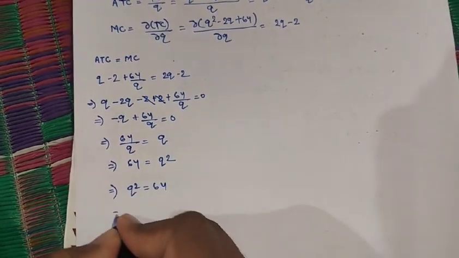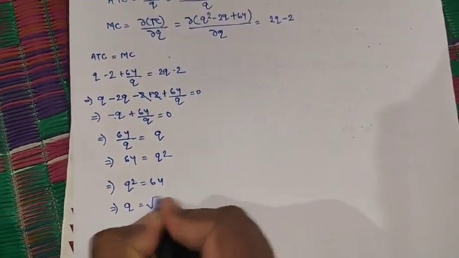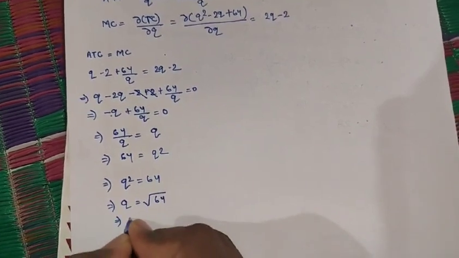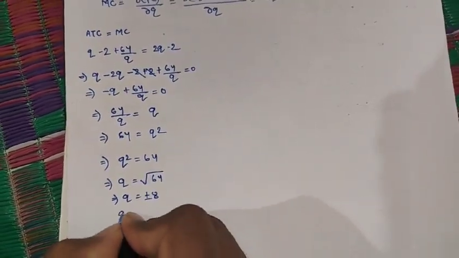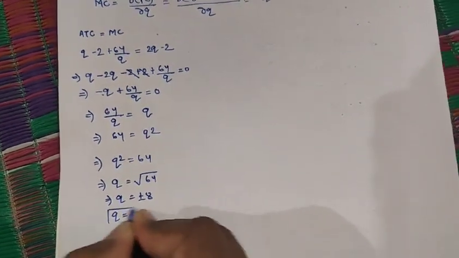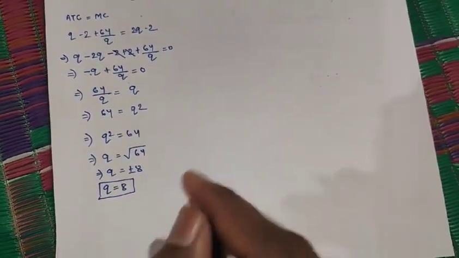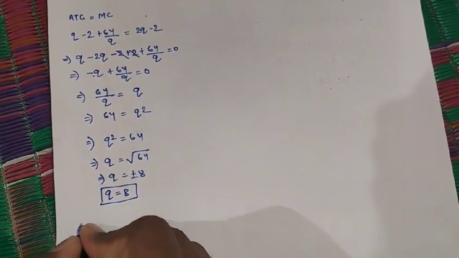Q square equal to 64. Now Q equals the root of 64, which is plus or minus 8. As we know, quantity can never be negative, so Q equals 8. Now we have to calculate the marginal cost at Q equal to 8.